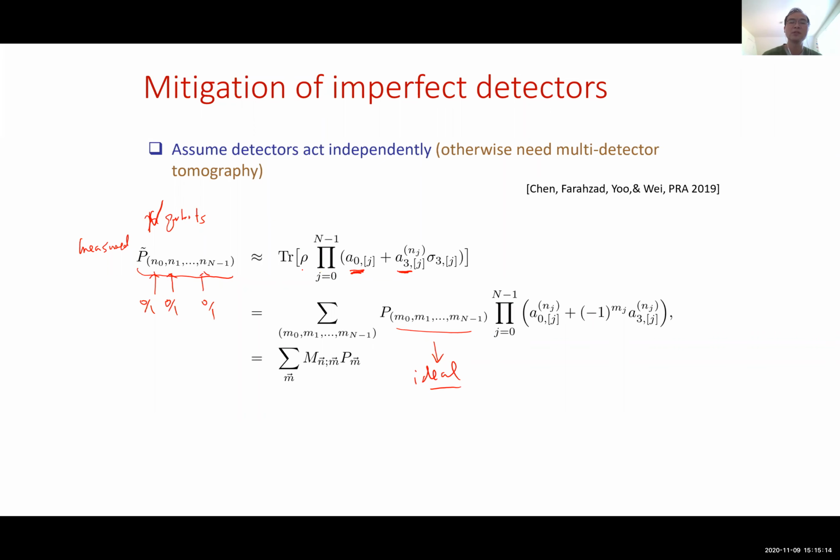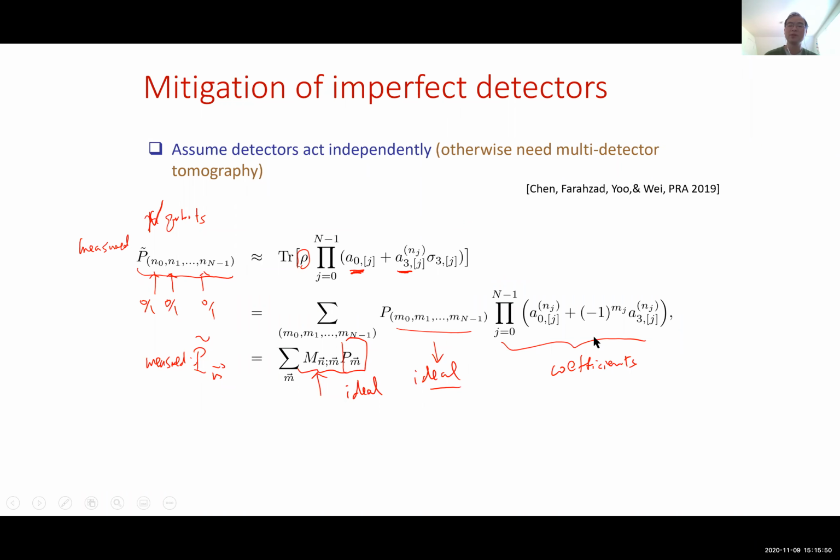This is the ideal, because I really just write trace rho with some perfect projectors, but then there is a coefficient. You can write at the end that the measured probability is related to the ideal, which is what you want, by some matrix M. By knowing this M, you could invert the equation to extract the ideal probability distribution P_ideal.